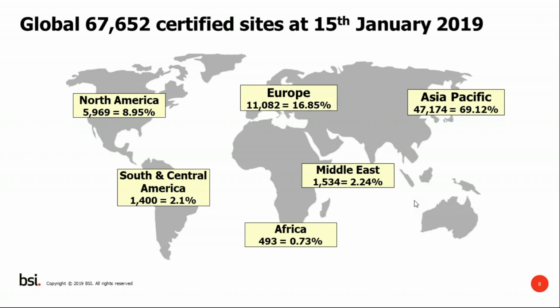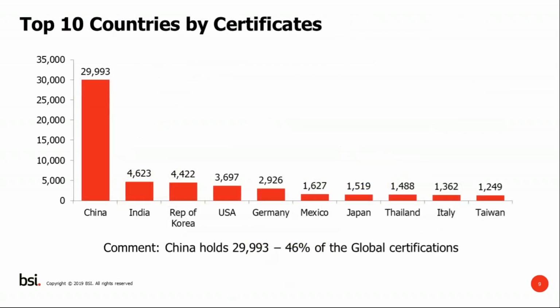If we take time to look at the top 10 countries in terms of certificates, we can see China, almost 30,000 certificates. Probably by now, as this data was taken on the 15th of January, China will be over 30,000 certificates. So 46% of the global certificates are in China.